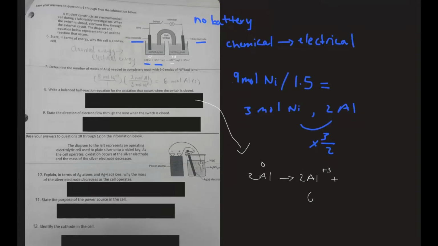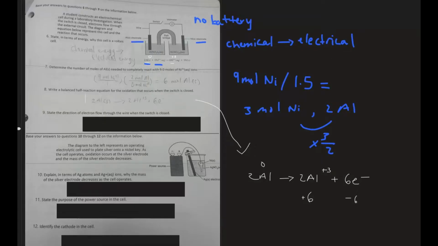So if this is 6, this is a +6, we need a -6. And so we need 6 electrons. So that is one of the answers for 8. You could also simplify this. So you could say just 1 mole of aluminum solid is equivalent to 1 mole of aluminum ion plus 3 electrons, but either one works.